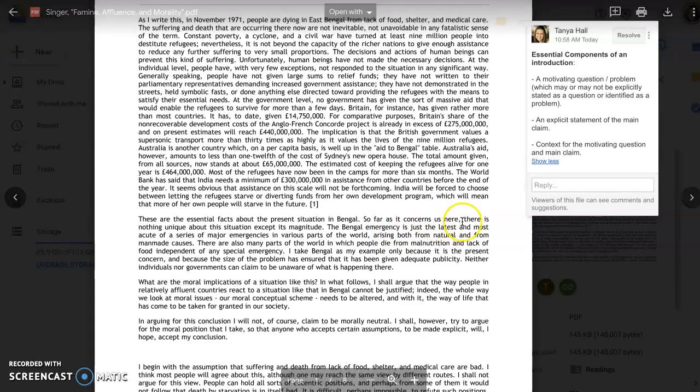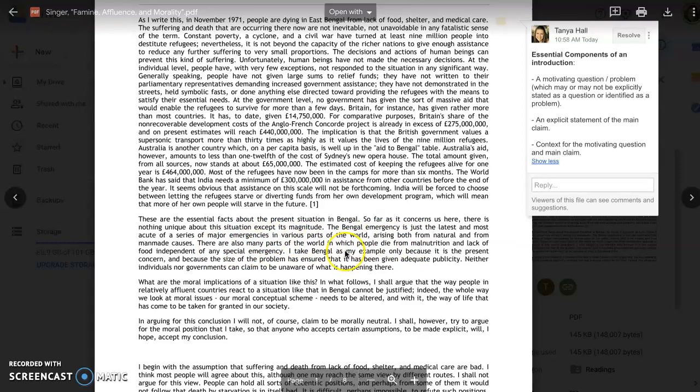"So far as it concerns us here, there's nothing unique about this situation." So we've been given information about a particular bad thing happening in Bengal, but this is indicating that our point isn't about Bengal. Okay, so what is the point? "It's just the latest and most acute of a series of major emergencies arising," blah, blah, blah.